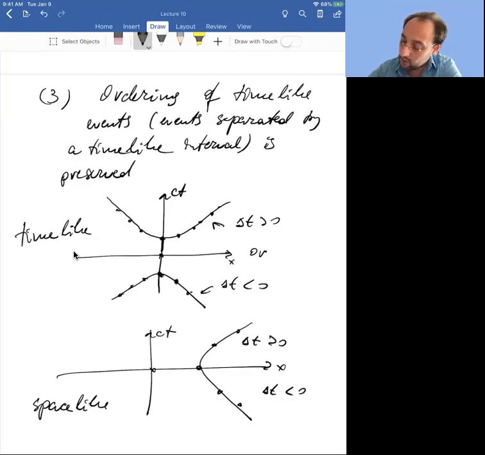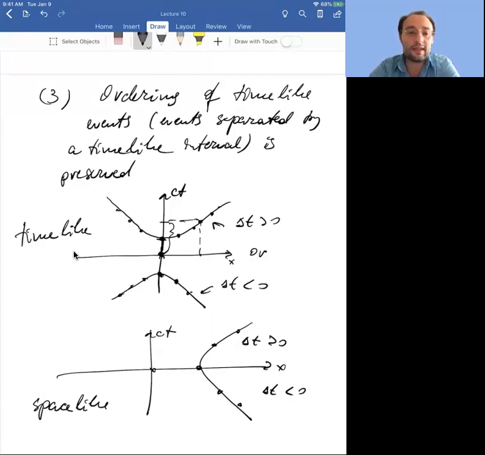I can switch to another reference frame, and now the separation between event 1, which is at the origin, and event 2 is bigger. So you can see it's a bigger delta t. In any other frame, other than the one where events take place at the same location, the events will have larger delta t. So time dilation is kind of obvious here.